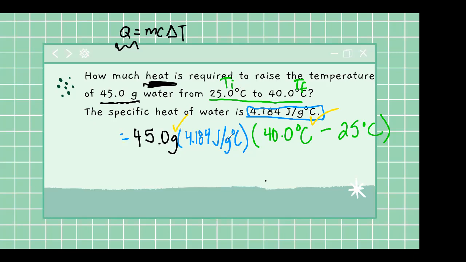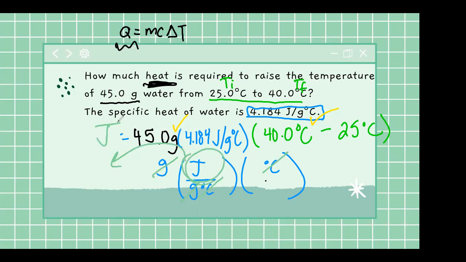If you're confused on how we got to joules, I'm just bringing the units down so everyone can see where the units end up. So we cross out the grams, we cross out the Celsius, and we're left with joules. So that's how we know our answer's unit is going to be in joules.